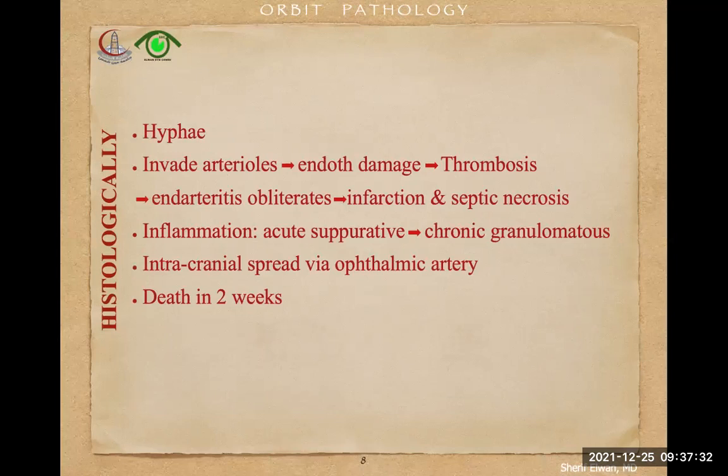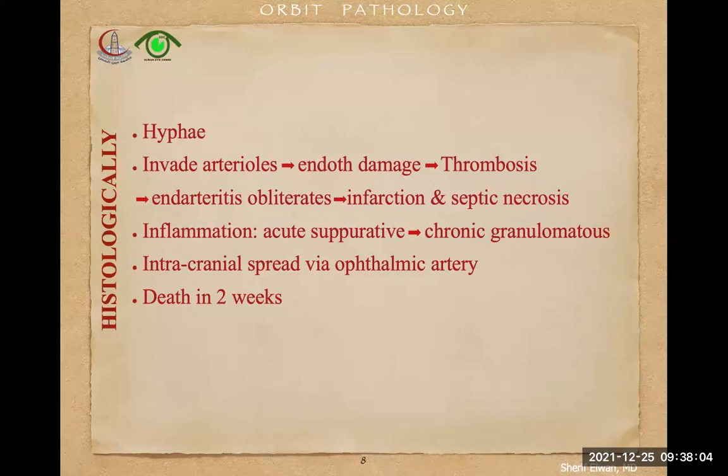The hyphal growth invades the arterioles, leading to endothelial damage, and this is followed by thrombosis, ending in endarteritis obliterans, infarction, and septic necrosis. And the inflammation would be of the active suppurative type, acute suppurative type. And if treated, it may shift into being chronic, and intracranial spread via the ophthalmic artery may occur.